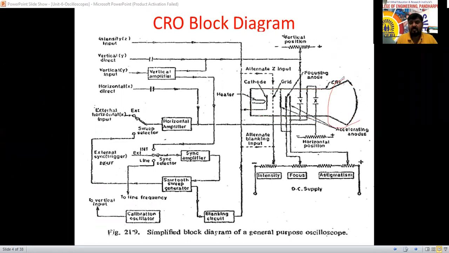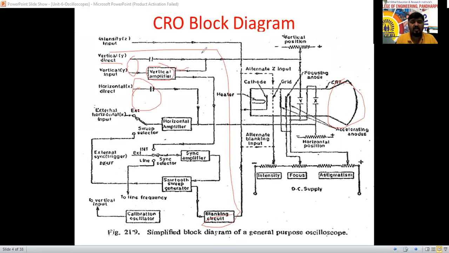See, here the display is there. The input we have provided directly to the blanking circuit. Here the vertical input is provided, these two lines, and this one is going to give the horizontal input. Whatever the vertical input is, it is going to take and amplify it if the signal is low.